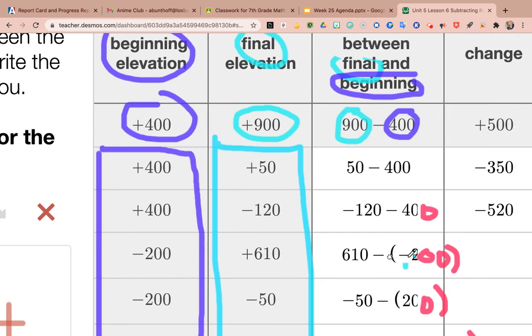So I can't just change one of them. I can't just change this to addition. It takes both of them to make the plus. So this turns into 610 plus 200, not 610 plus negative 200. So if I do want to change that to addition with my new thing that I've noticed from my ed puzzle, I can do that and get my answer.